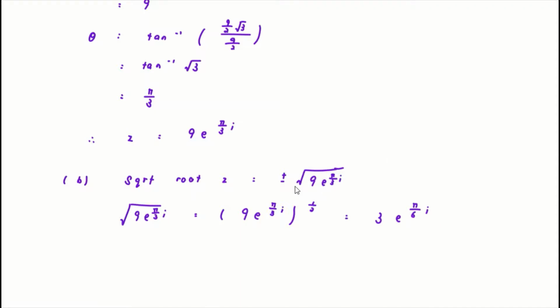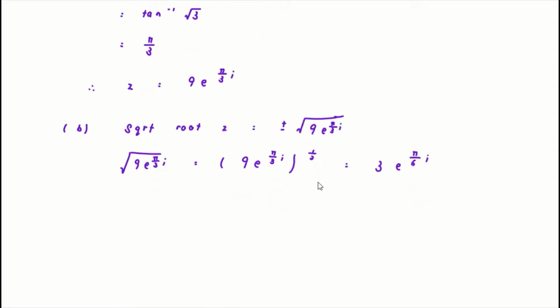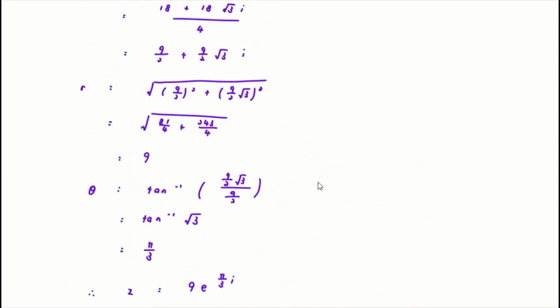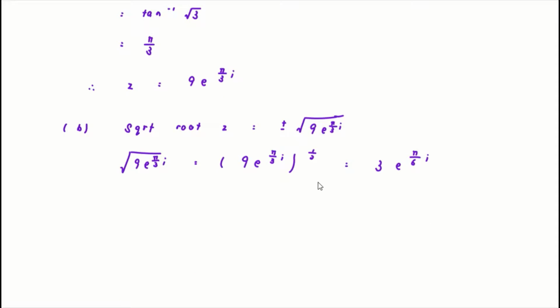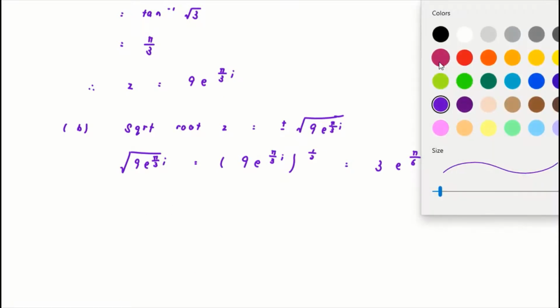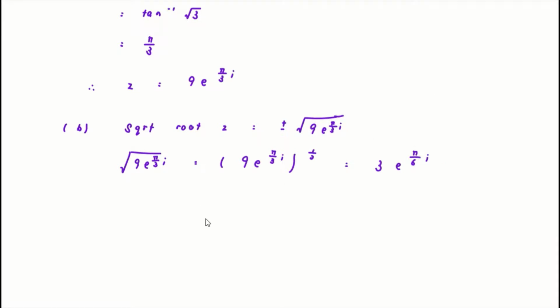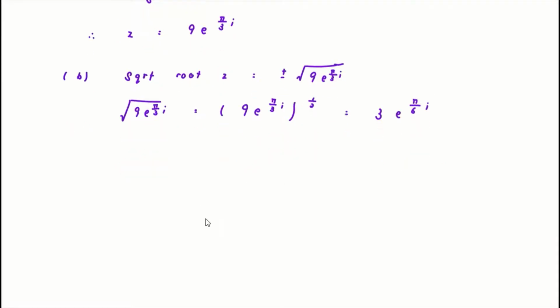Okay, so now what happened to the negative? You cannot do negative 3, please remember, because for the magnitude, you wouldn't be able to have a negative magnitude. The size of a complex number cannot be a negative number. So if you can recall from the previous part, or let's try to talk about this. This is a notes part, you don't really need to write it in your working, but I'm just trying to explain it.